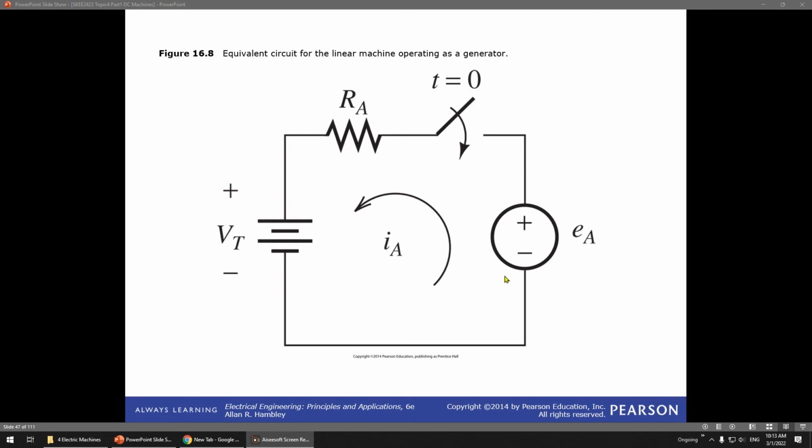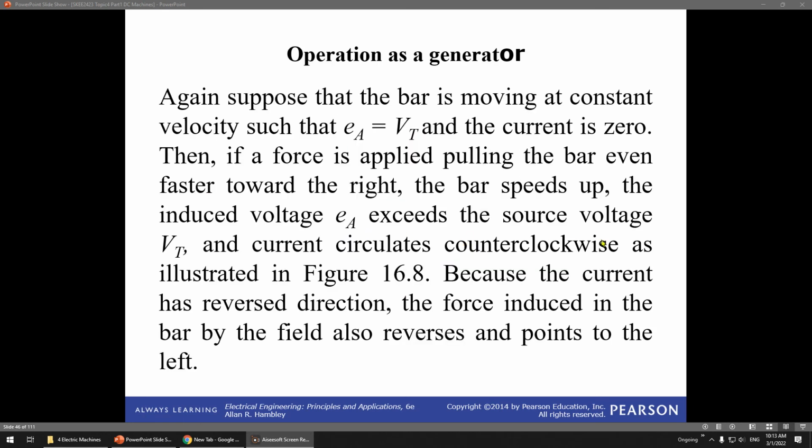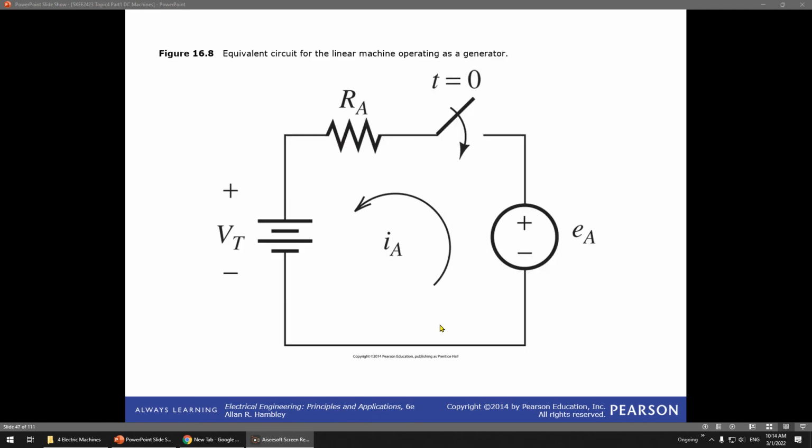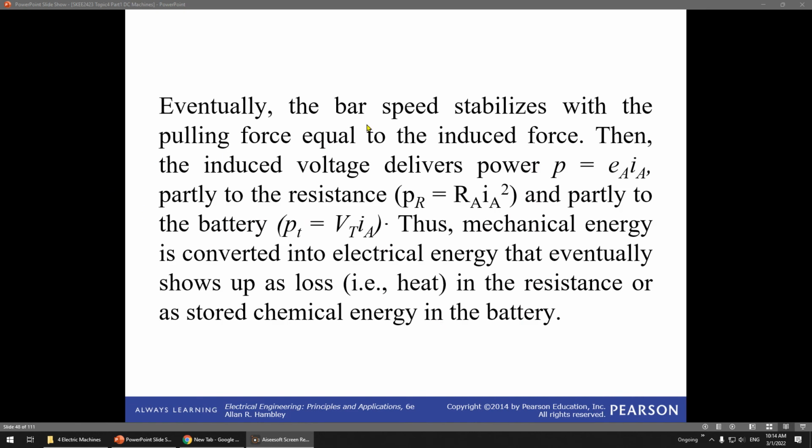IA will circulate counterclockwise. Because the current has reversed direction, the force induced in the bar by the field is also reversed and points to the left. Eventually the bar speed stabilizes with the pulling force equal to the induced force.